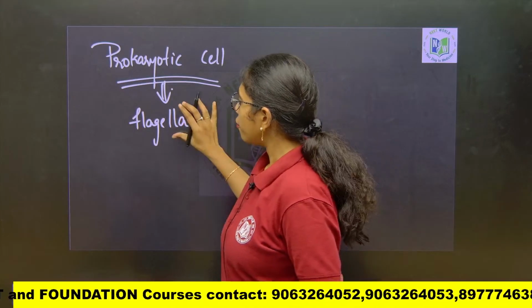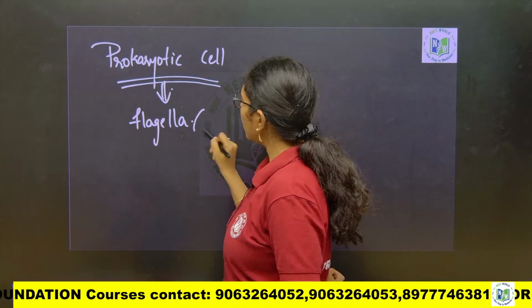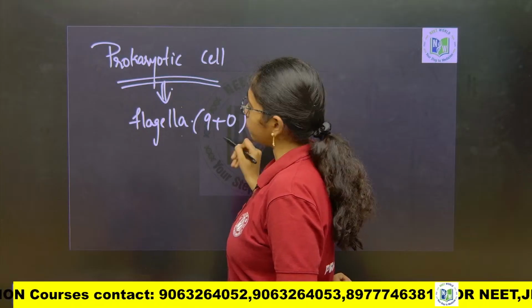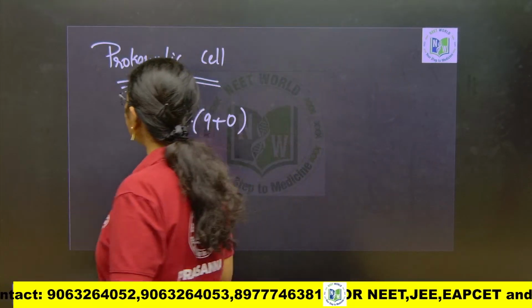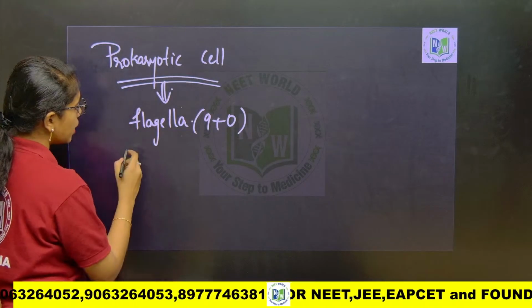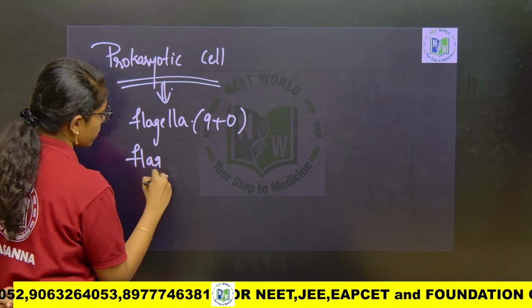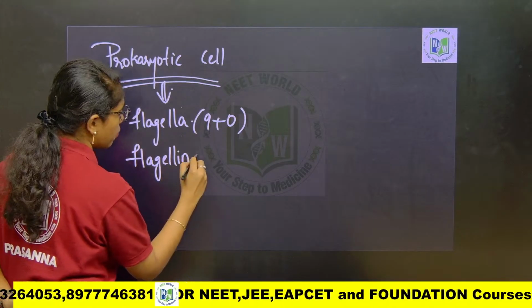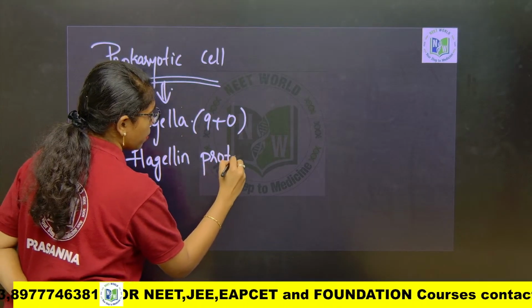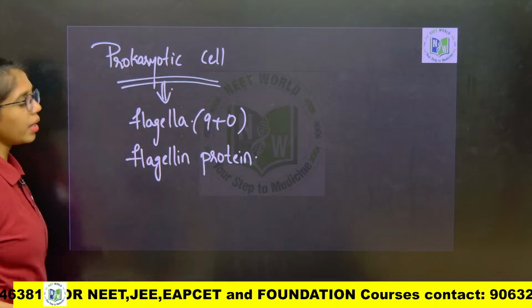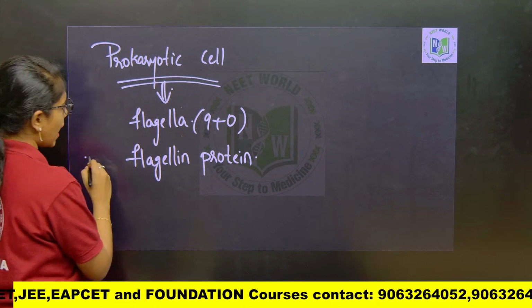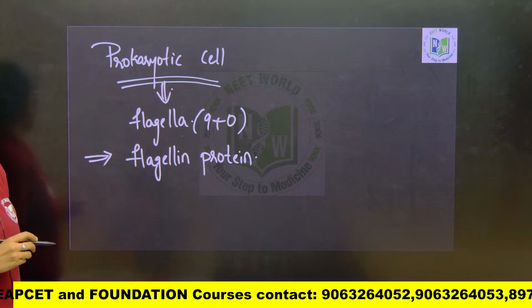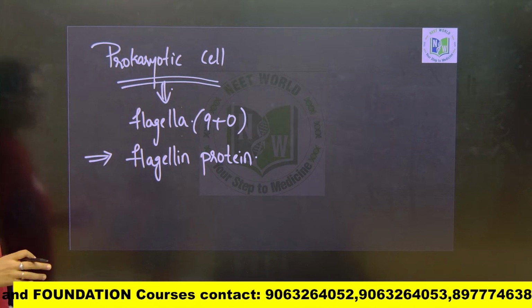As such, flagella will be having 9 plus 0 arrangement like centrioles in a prokaryotic flagella. And what is the protein content that is present here? Flagellin protein. Yes, flagellin protein. So, flagella with 9 plus 0 microtubular arrangement, and it has flagellin protein inside the prokaryotic cell.